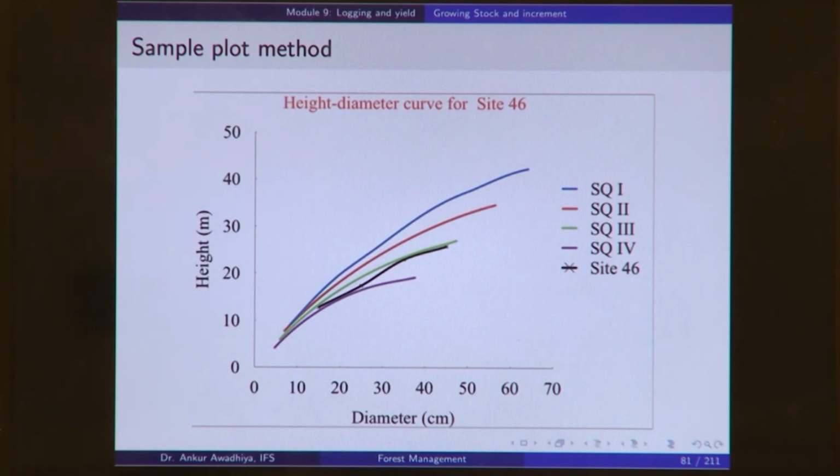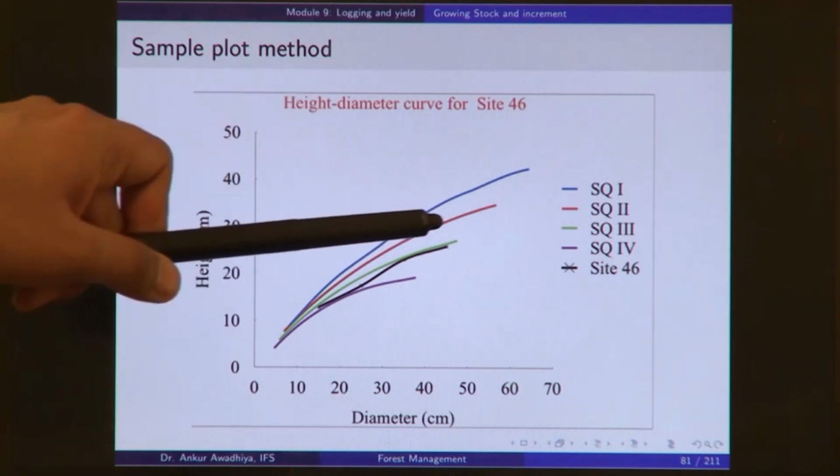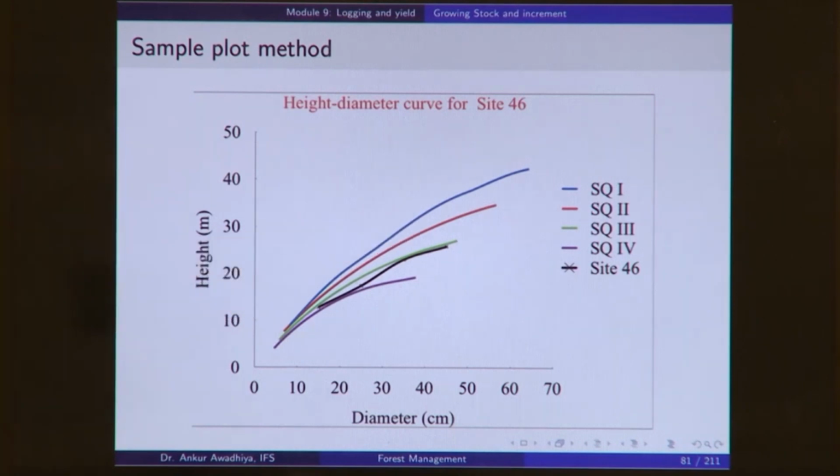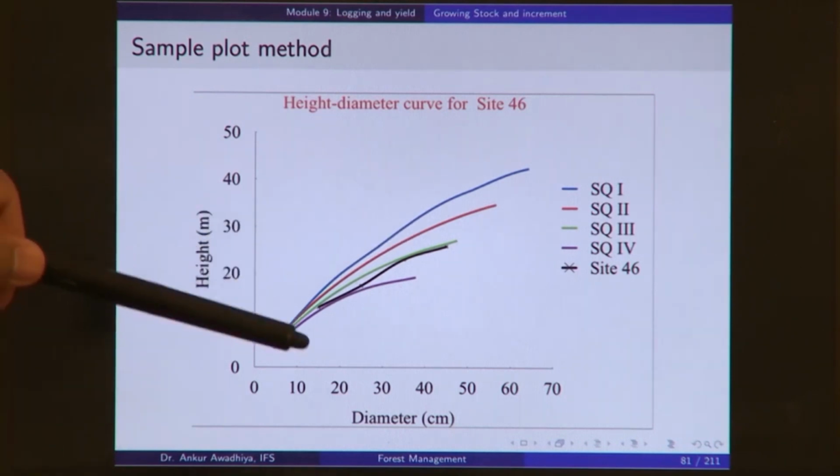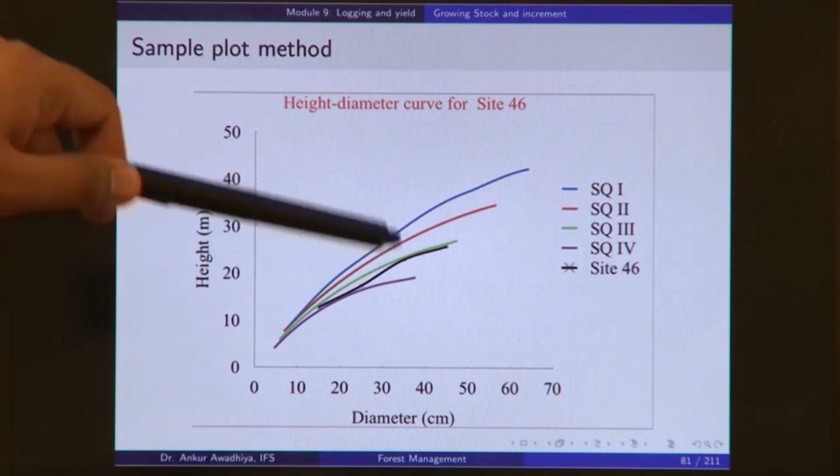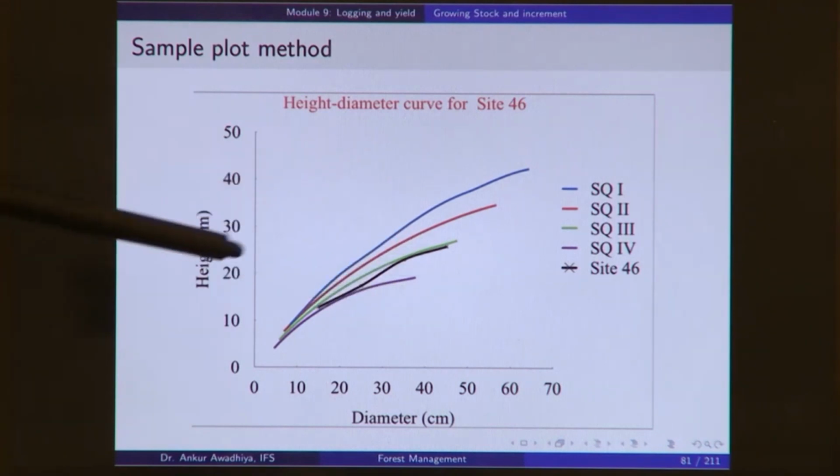Here we are seeing the height versus diameter curve of sal trees in a forest stand. This was the Timley forest stand. The black line is the one that we are getting from the field data. We have trees of different diameters, and these are the different heights.